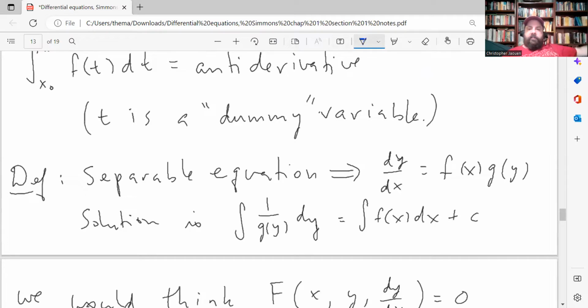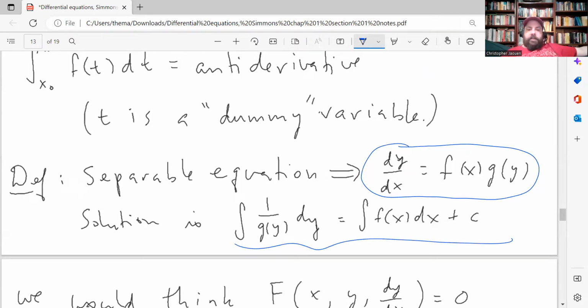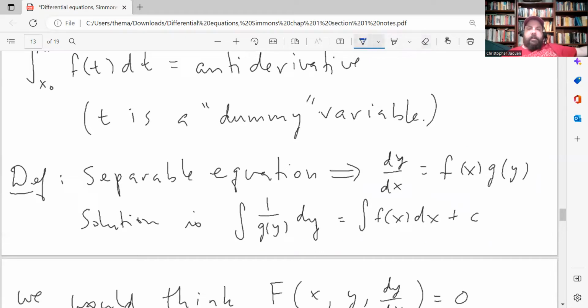A separable differential equation has the derivative of the dependent variable with respect to the independent variable that can be expressed as a product of pure functions of the dependent and the independent variable. All right, and then you could solve this by separating variables, and then you can integrate both sides and solve the differential equation. Of course, that's easier said than done, but separating the variables is not difficult.